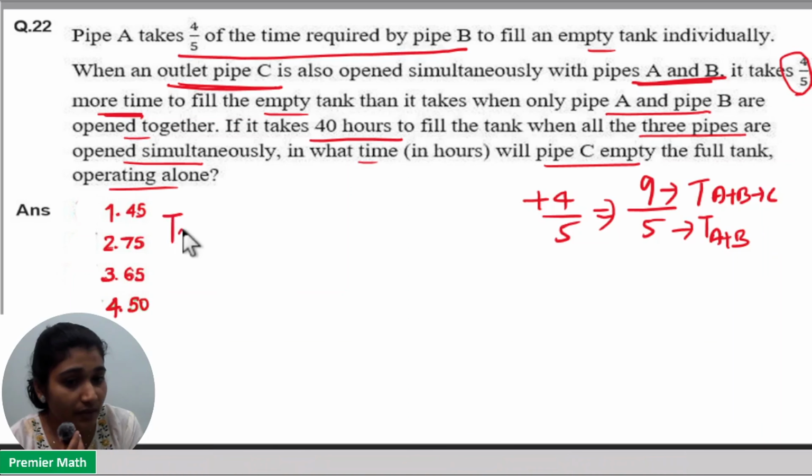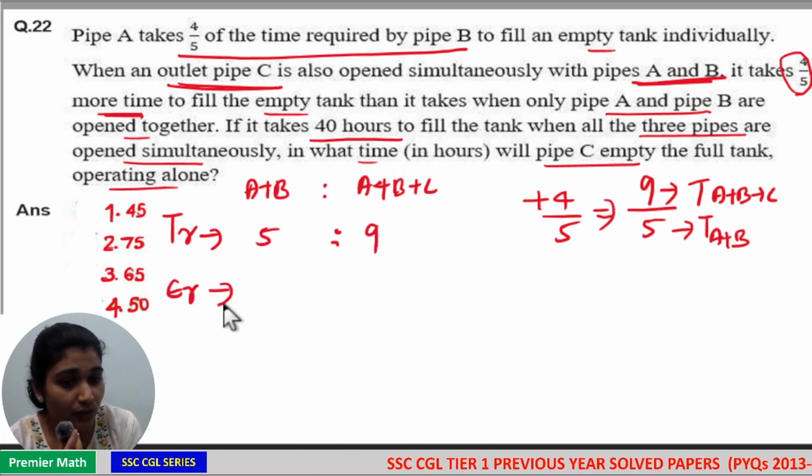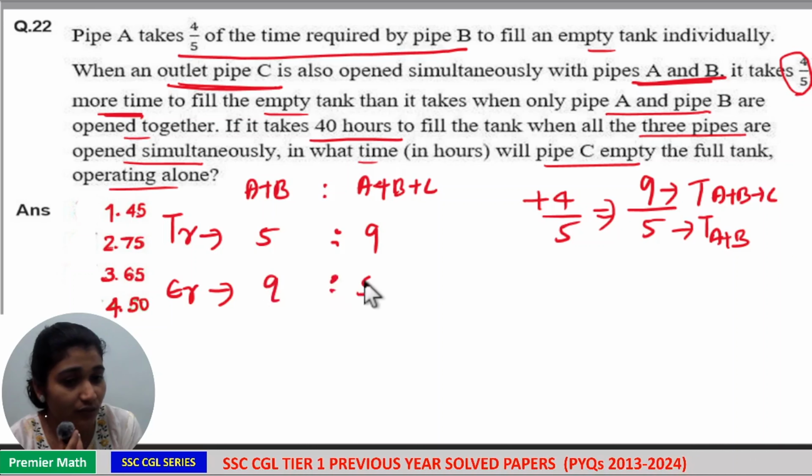Now take the time ratio for A and B together and ABC together, which is equal to 5:9. Then efficiency ratio is the inverse of time ratio, which is equal to 9:5.